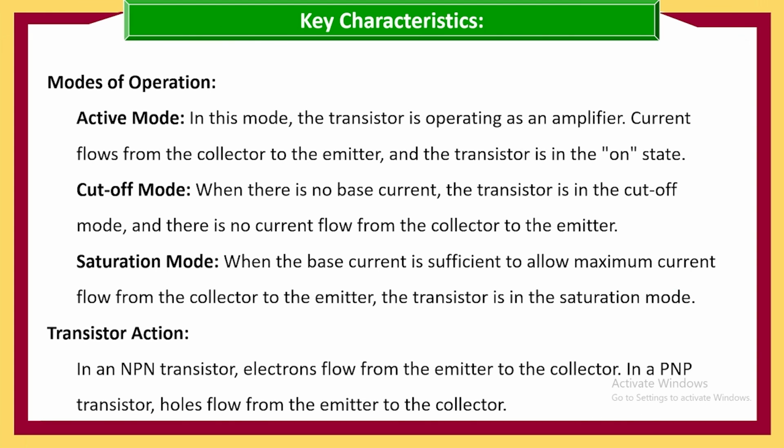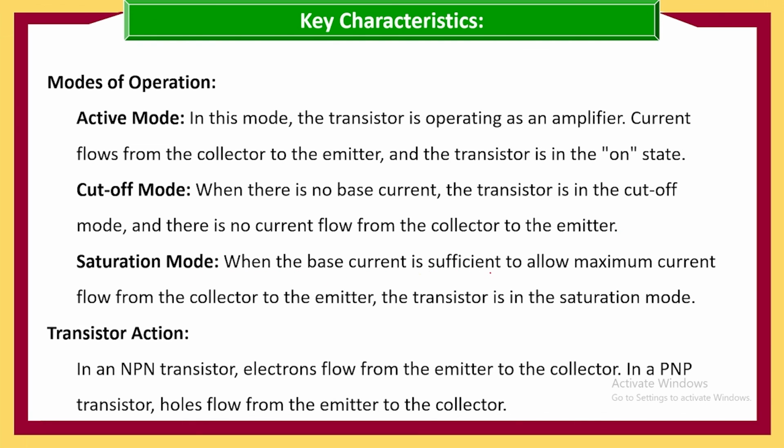And the modes of operation we have already discussed. One is active mode. In this mode, the transistor is operating as an amplifier. The current flows from collector to emitter and the transistor is in the on state. In cutoff mode, when there is no base current, the transistor is in cutoff and there is no current flow from collector to emitter. The next one is saturation mode.